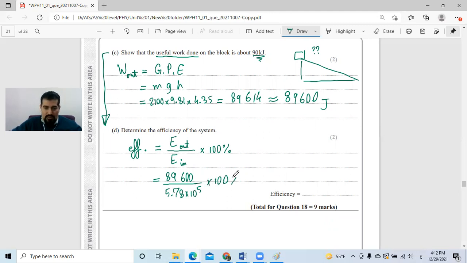And by doing that, the efficiency will be 15.5%. That means it's not efficient. A lot of energy is dissipated into heat. So this value divided by 578,000 is 15.5%.